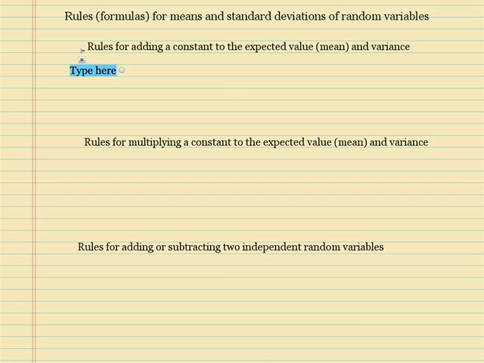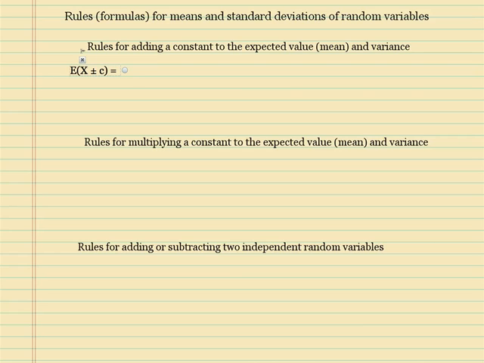So what happens? Expected value of capital X plus or minus some constant. This means that I'm adding or subtracting a constant to the mean at the end, after I find it.